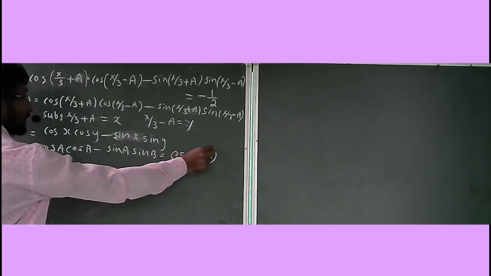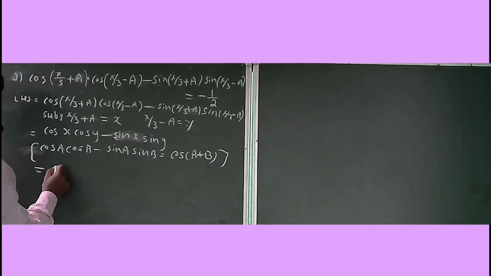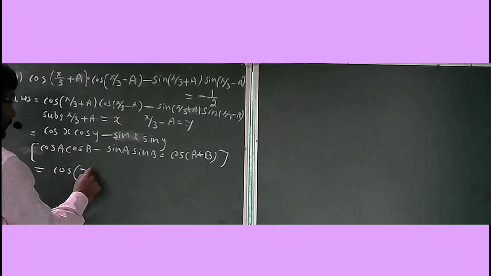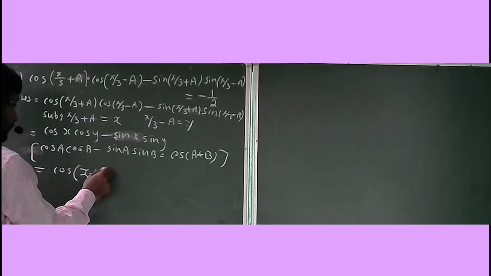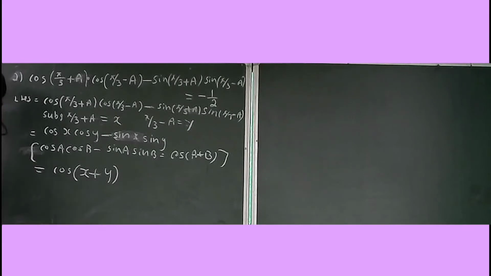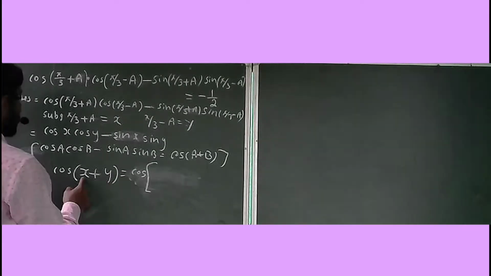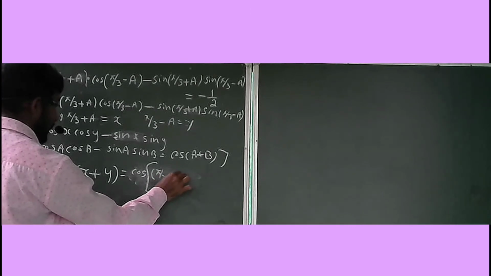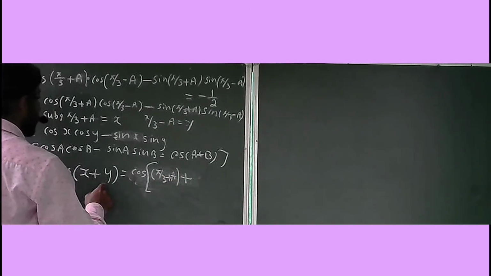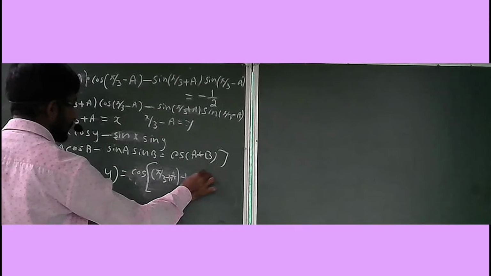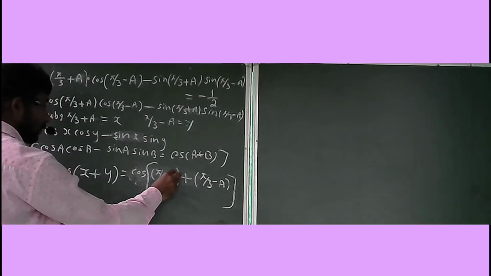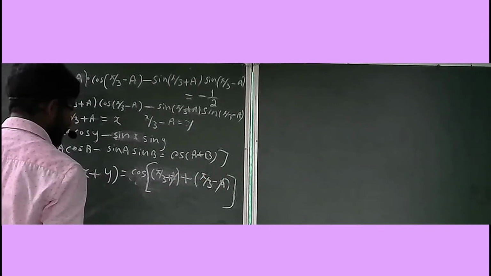So you can write it as cos of, a means x, plus, b means here y. Okay, cos of x plus y. This is equal to, x value is pi by 3 plus a, plus y value is pi by 3 minus a. Okay, now see, plus a and minus a get cancelled.